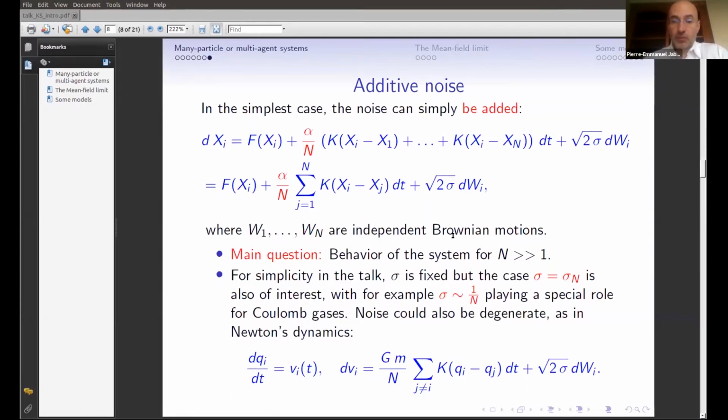And there are several cases where you want to add noise like this. It can be because there are actually some random effects in your model. That can be random collisions, for instance, in gravitational settings. This could be to try to model some sort of random behavior of microorganisms, the run and tumble of bacteria, for example.